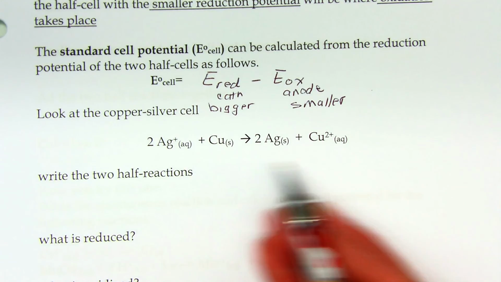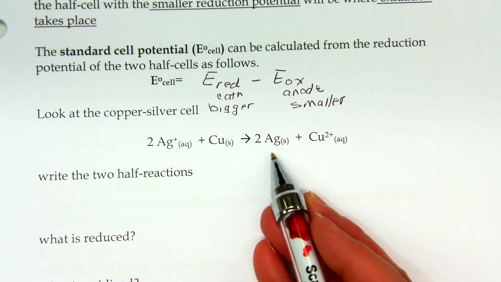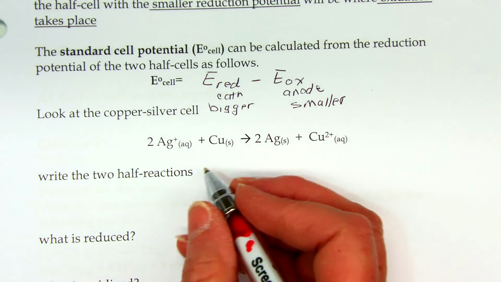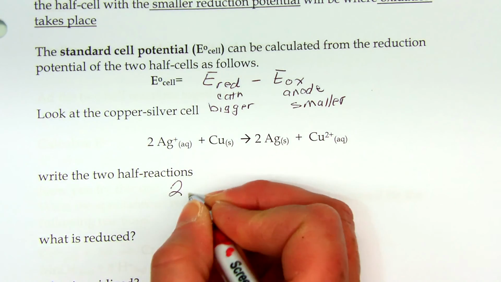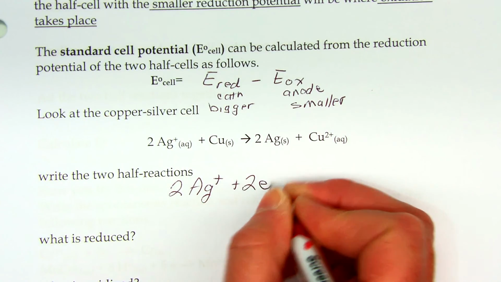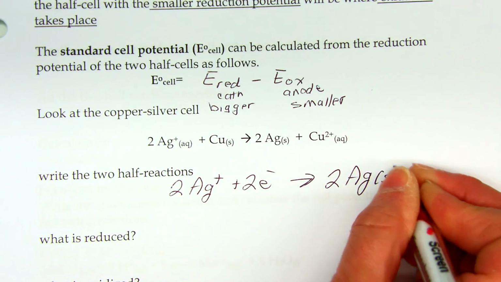We have the silver-copper half cell. Two silver ions are reacting with copper solid to make two silver solid and copper 2+. So we can look at this and write out the two half reactions. Two silver ions will need 2 electrons to turn into 2 silver solid, because we had silver ions on the left.